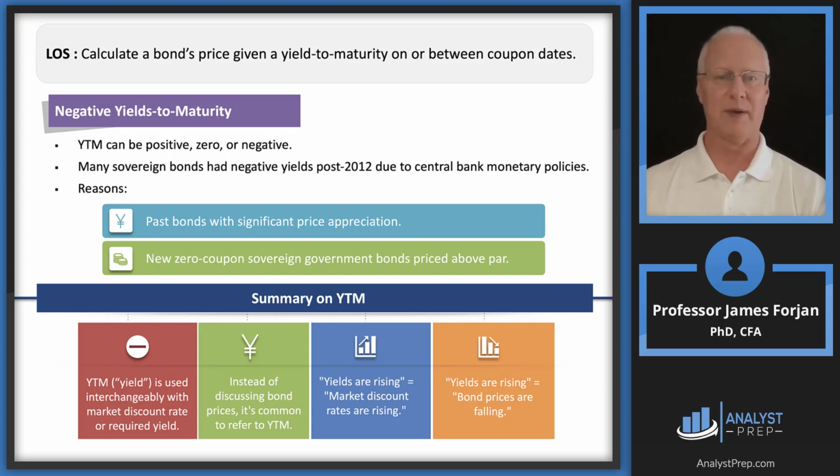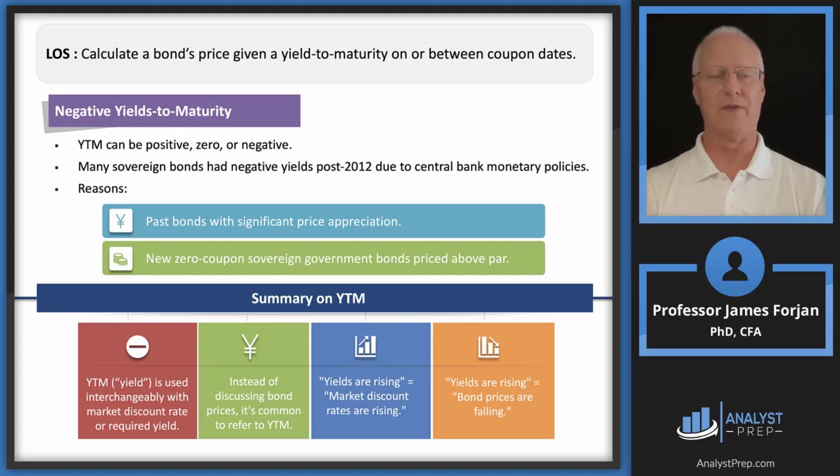The reading talks about sovereign bonds having negative yields after the financial crisis of 2008 that led into dramatic changes in monetary policies by banks. So I'm not quite sure how super interesting that is, but don't have a heart attack on the exam if you see this concept of a negative yield to maturity.